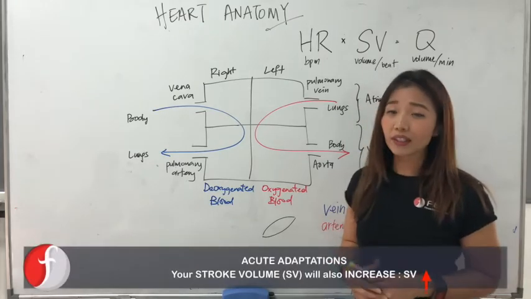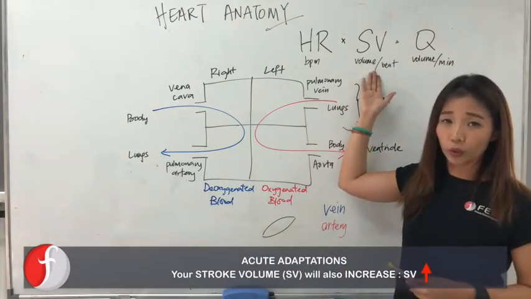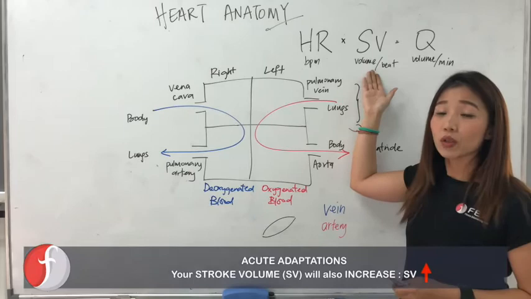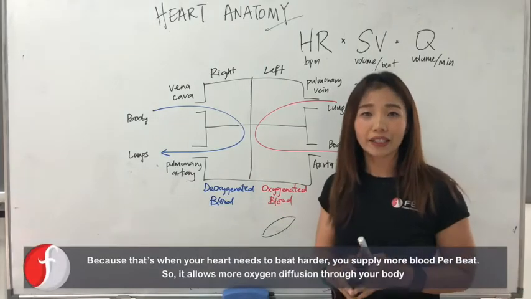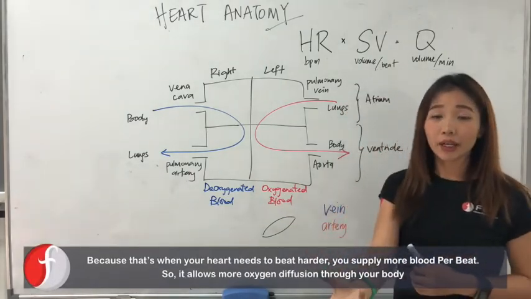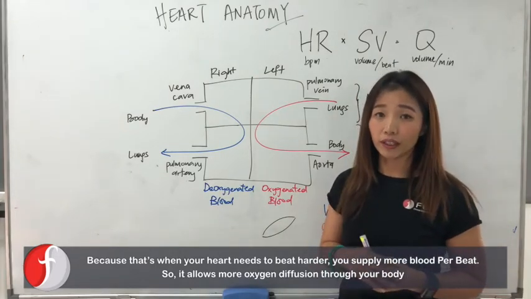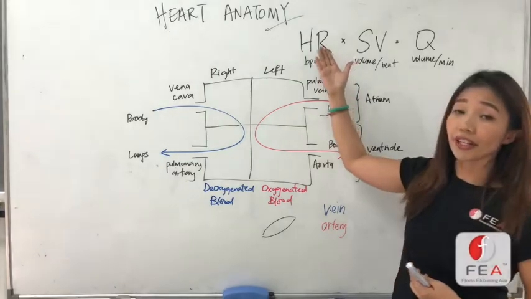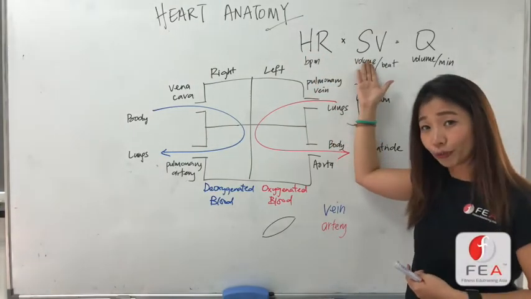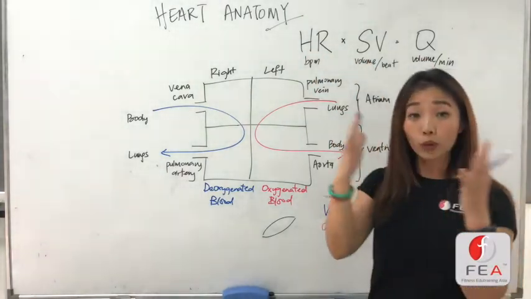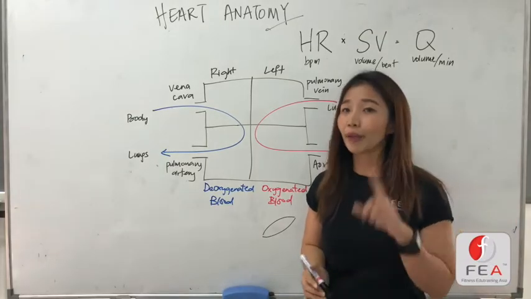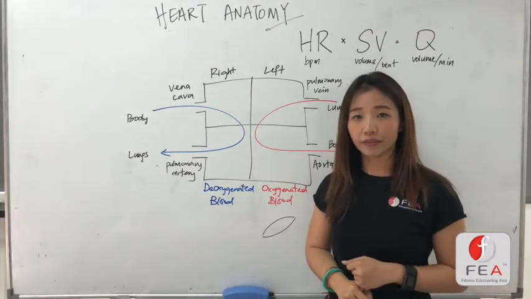Next, your stroke volume will also increase, because your heart needs to beat harder to supply more blood per beat so that it allows more oxygen diffusion through your body. And finally, if heart rate increases followed by stroke volume increasing, the total volume of blood being pumped in one minute is going to increase.